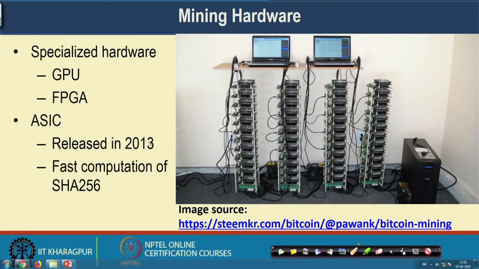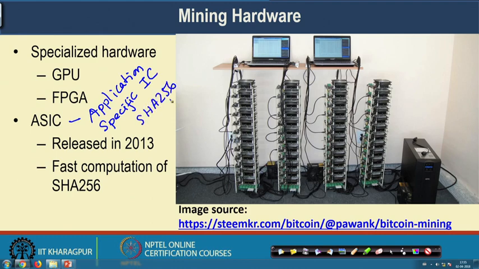Then in 2013 we had the ASIC based mining hardware. The full form of ASIC is application specific integrated circuit. This ASIC was designed to perform the SHA-256 hash in a faster way.